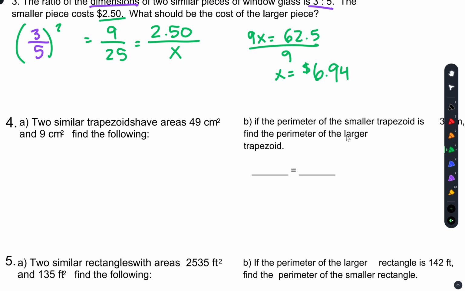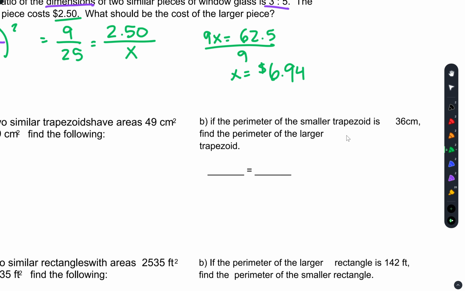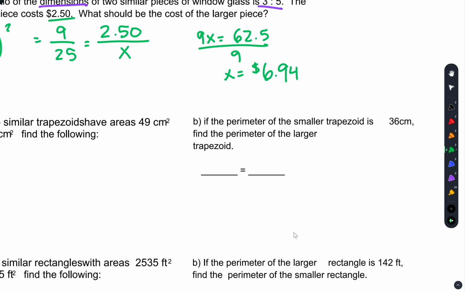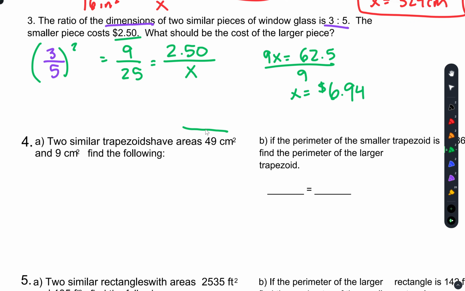In number 4, it says 2 similar trapezoids have areas 49 centimeters squared and 9 centimeters squared. Find the following. If the perimeter of the smaller trapezoid is 36 centimeters, find the perimeter of the larger trapezoid. So we are starting with both of the areas, and then we're being asked to find the perimeters.